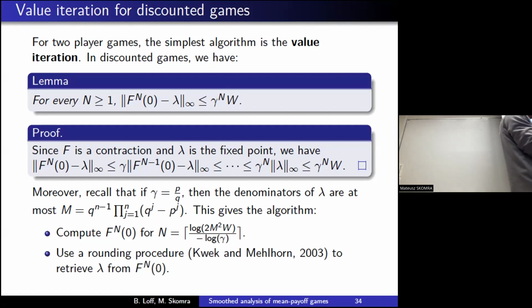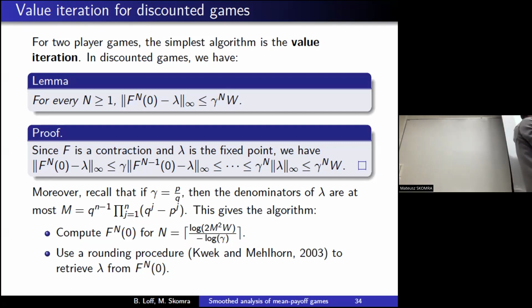I say, okay, the denominators are at most m. If you have two rational numbers with denominators at most m, then they are at least 1 over m square apart, right?